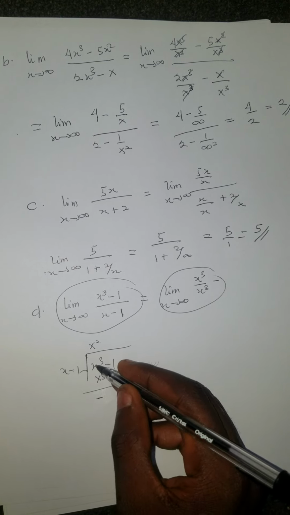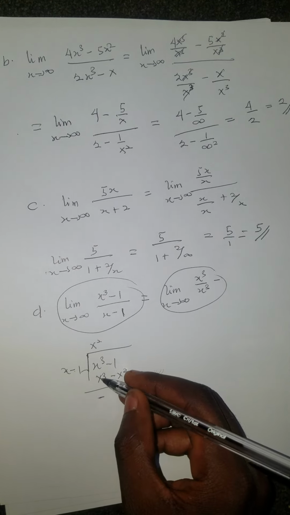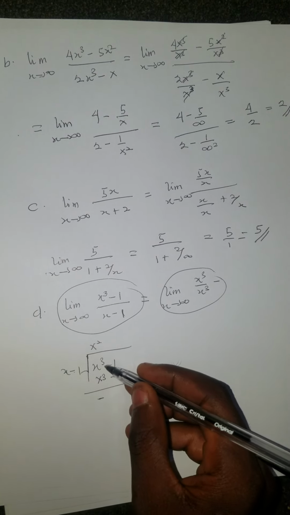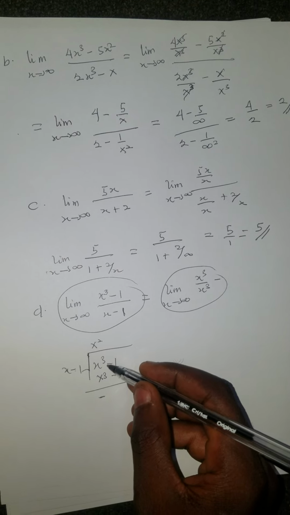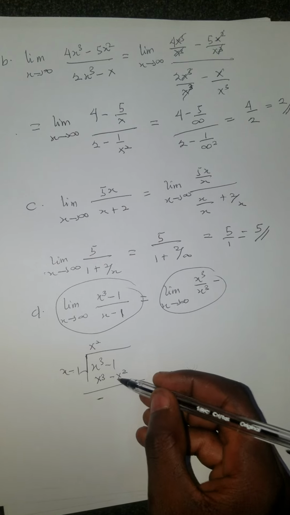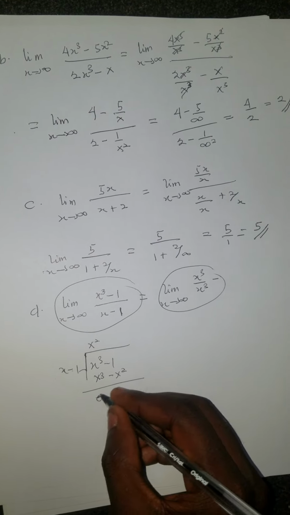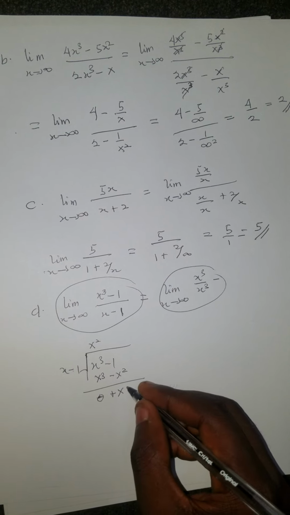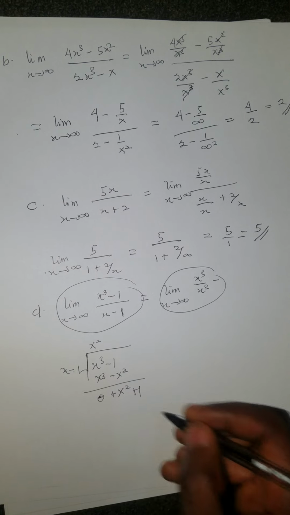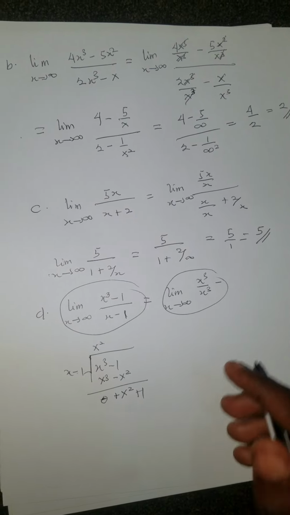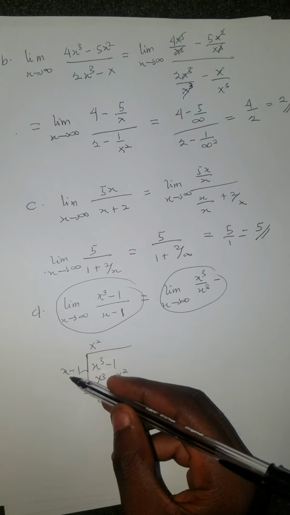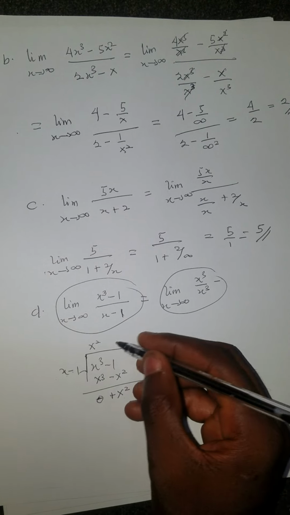Now there is a 0 x squared here which didn't appear. So it will be 0 minus x squared, so it will be plus x squared, then plus 1. Which value will you multiply by x to get x squared?